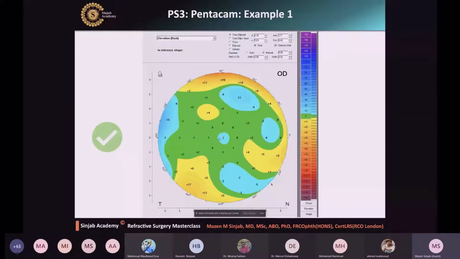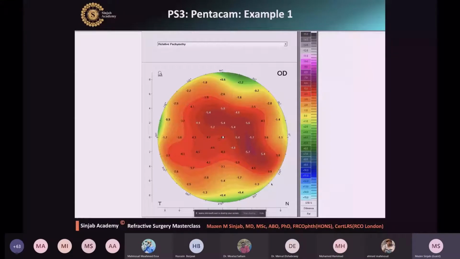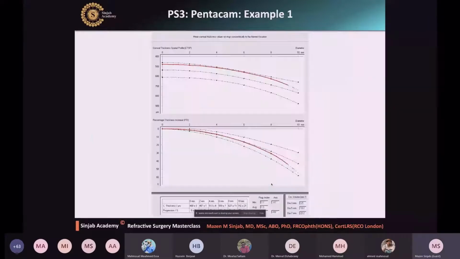The relative Pachymetry map is okay because all numbers are higher than minus 8 in algebraic terms, according to my PS3. But according to Holiday, some numbers are suspicious. However, if we look at the thickness profile, it's fine. There is no quick slope, and the average is less than 1.2.